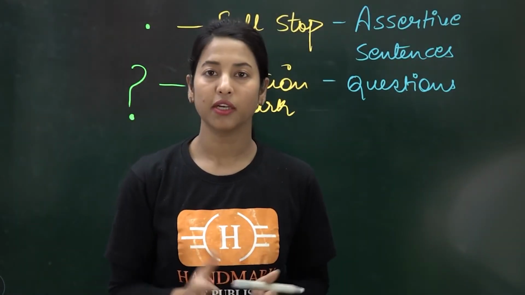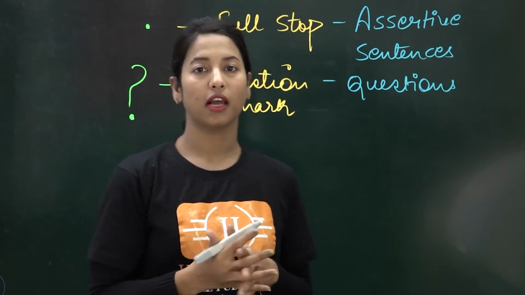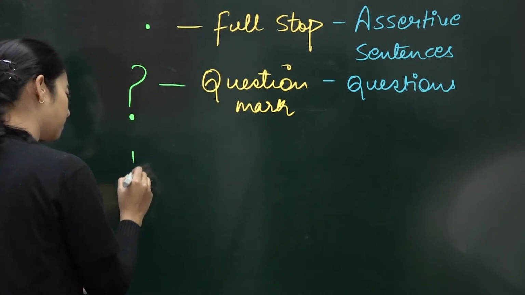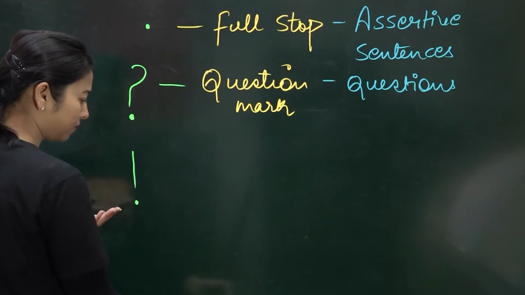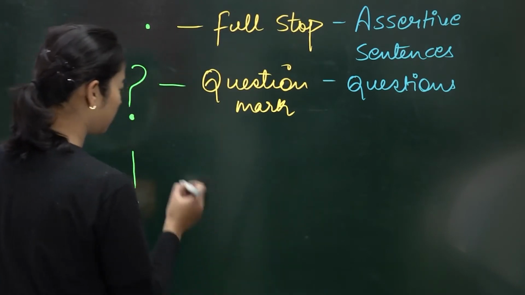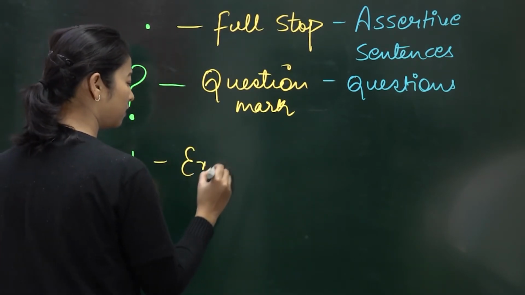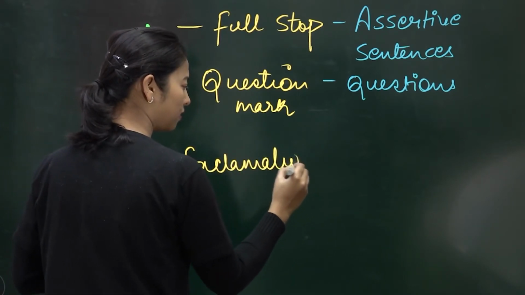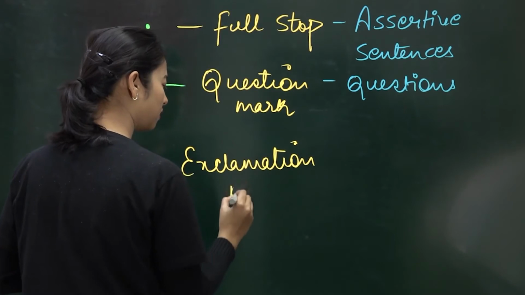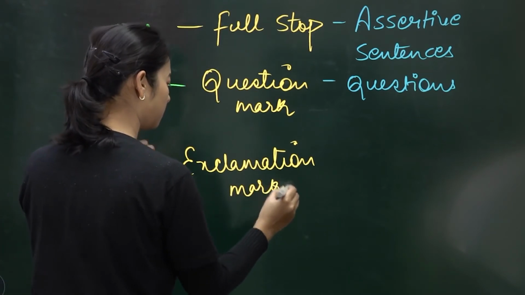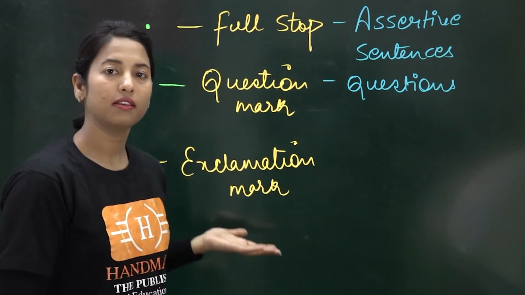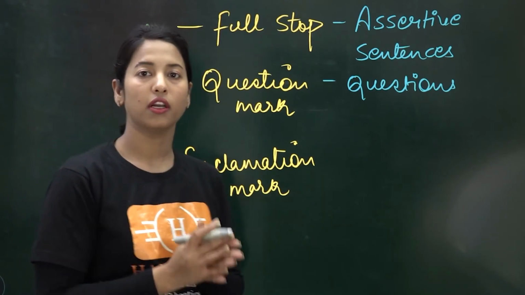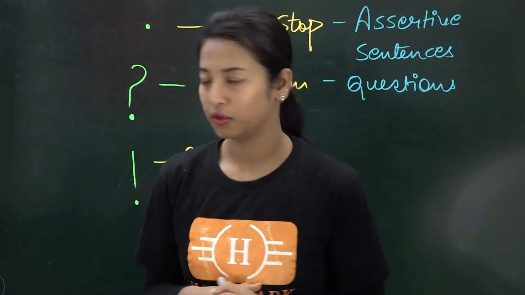Now the third mark that we use after a sentence is an exclamation mark. So this is an exclamation mark, or we call it a mark of exclamation.